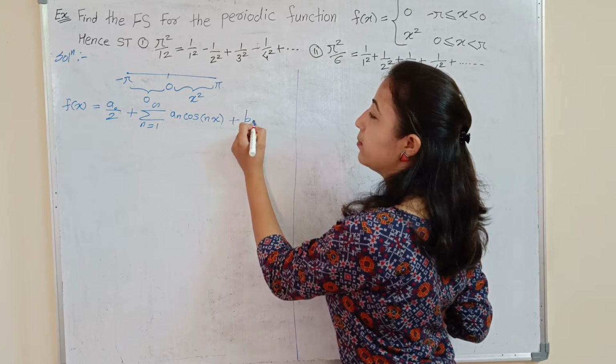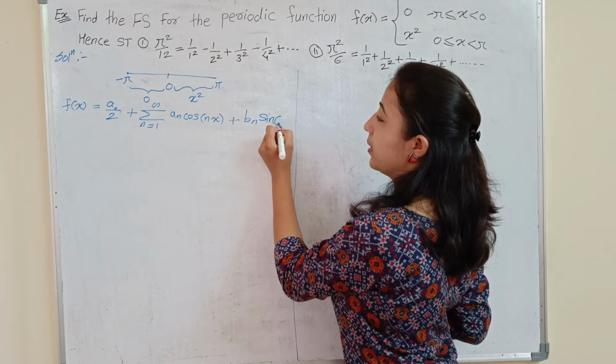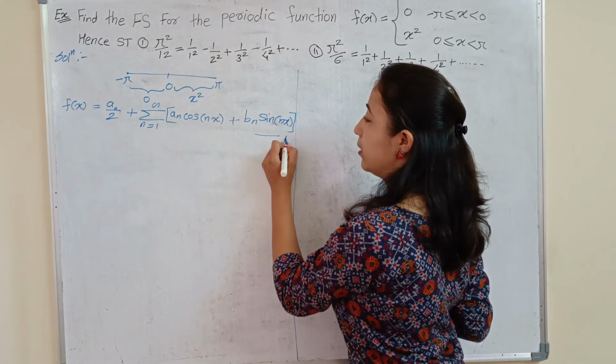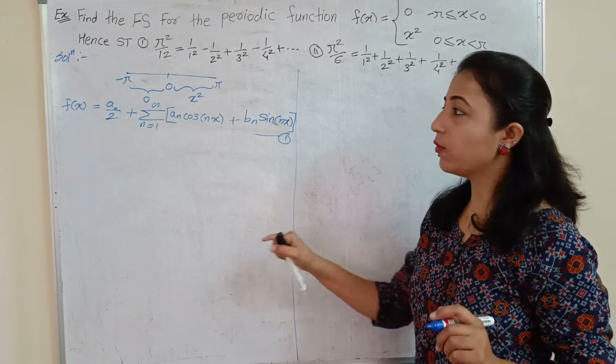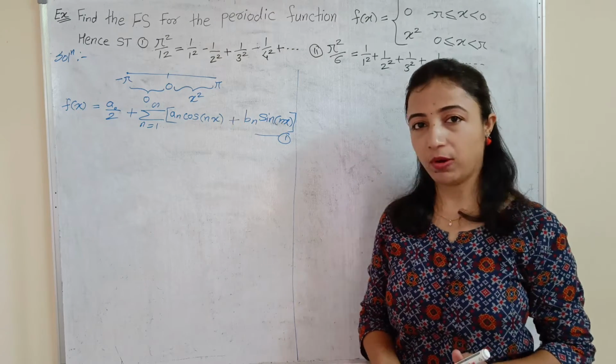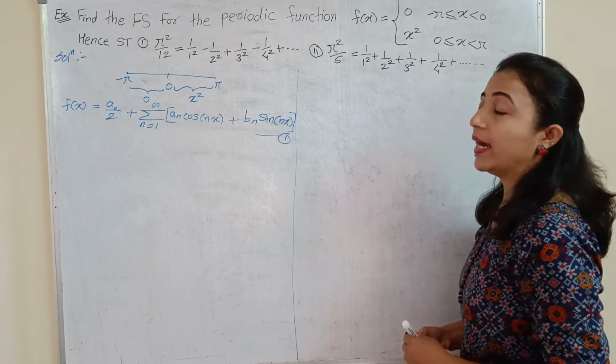Consider this Fourier series as our equation 1. What we have to find out is the Fourier series for the function f of x.